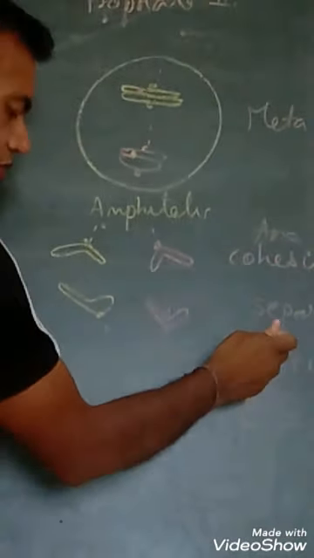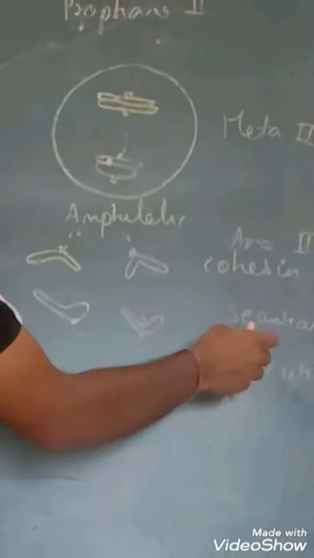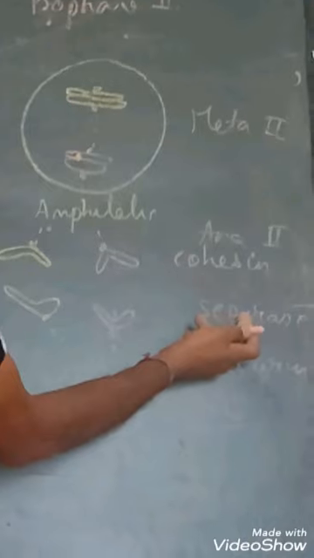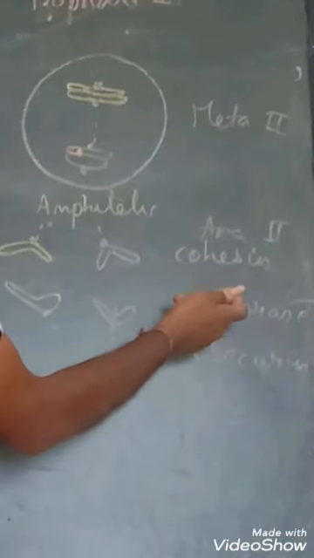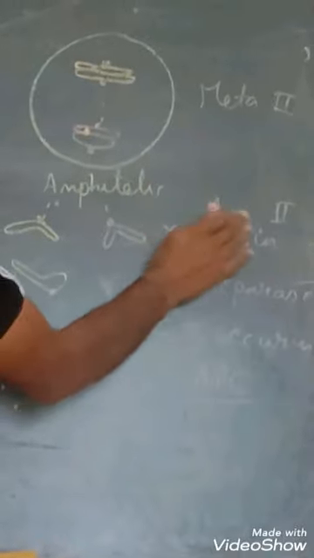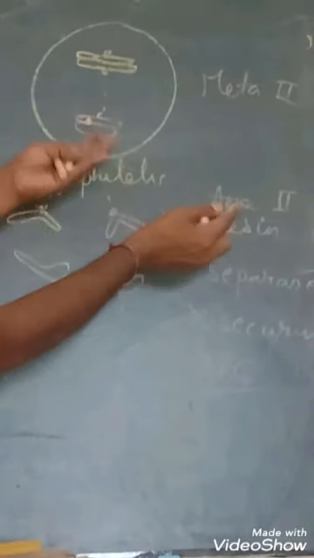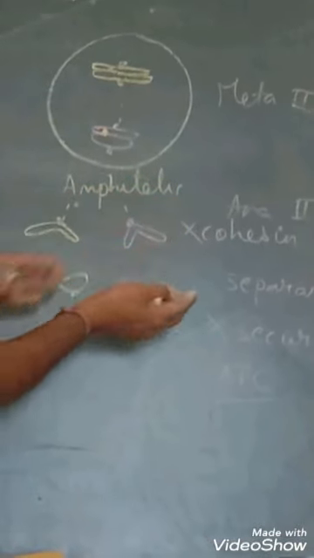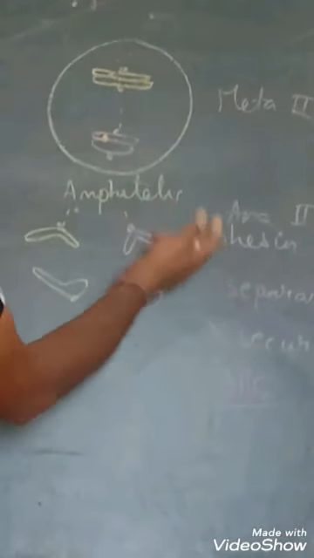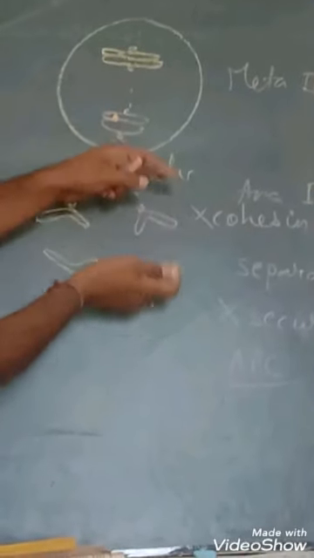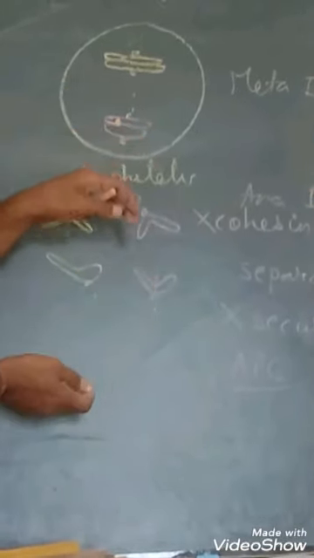The securin destruction then activates separase, and when separase is activated, it breaks down cohesin. Cohesin proteins are responsible for keeping these chromatids attached to each other. So finally, this protein breaks up and the chromatids separate from each other and start moving to opposite poles.